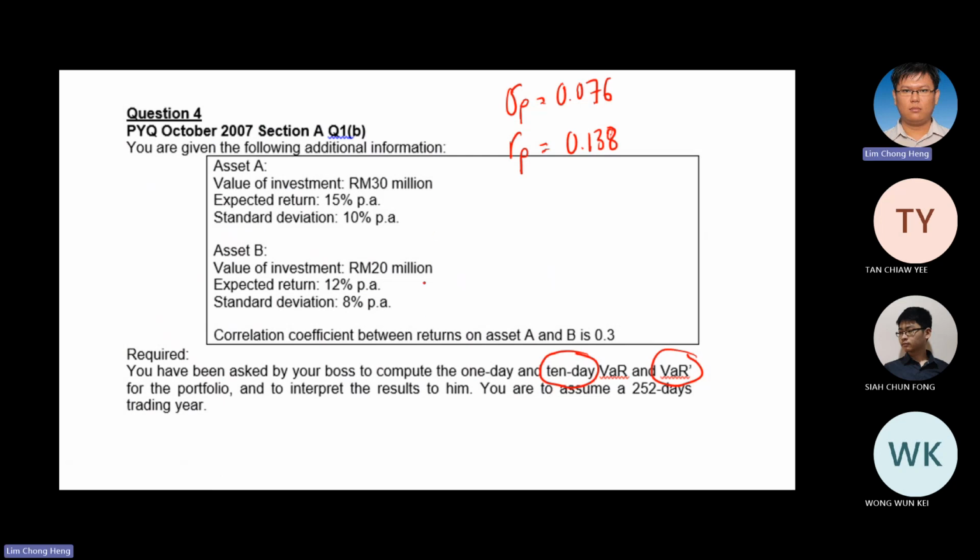Okay, this question asks you to calculate 1 day and 10-day VAR and 1 day and 10-day absolute VAR. So this question asks you to answer 4. And this question we consider moderate because you can get the first 3 answers and then the last answer you should be wrong.